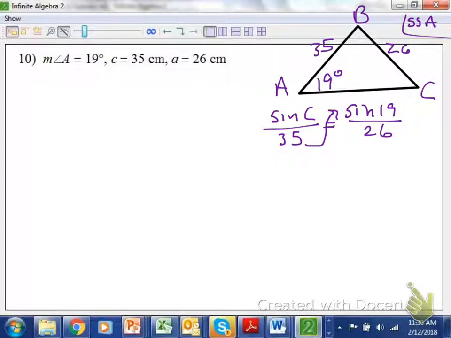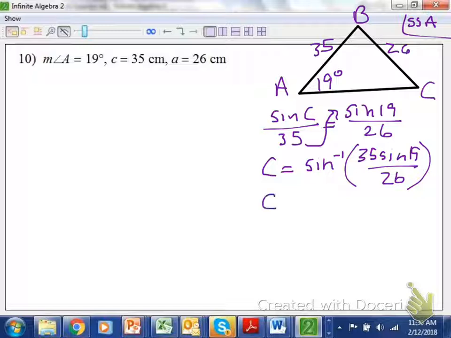Using the properties of proportions, sine of C would be 35 times the sine of 19 over 26. So C is the inverse sine of 35 sine of 19 divided by 26, which means C equals how much? 26 degrees. Anytime you're dealing with angles this small to begin with, there's lots of room in the triangle, right?